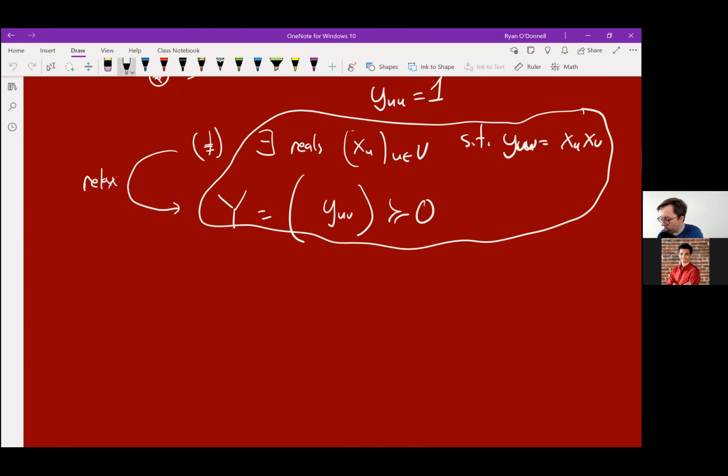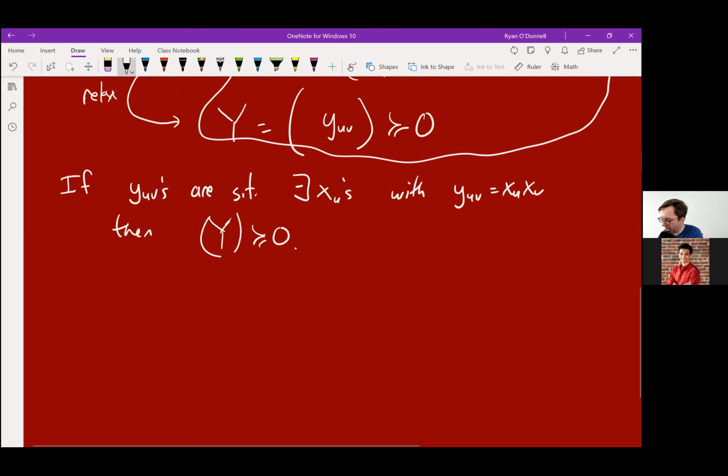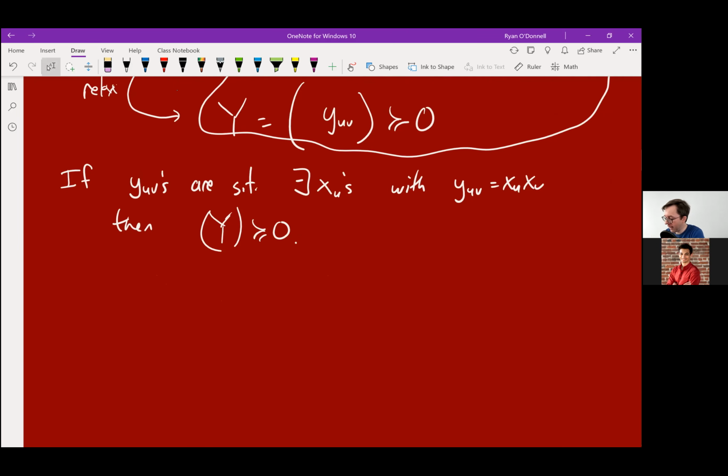No, not necessarily. Let's do one direction. If the Y_UVs are such that there exist X_U's with Y_UV equals X_U X_V, then this Y matrix is positive semi-definite. I suppose the easiest way to see this, a linear algebra way, is if you write the X vector here, and then write this, X_1 through X_n.